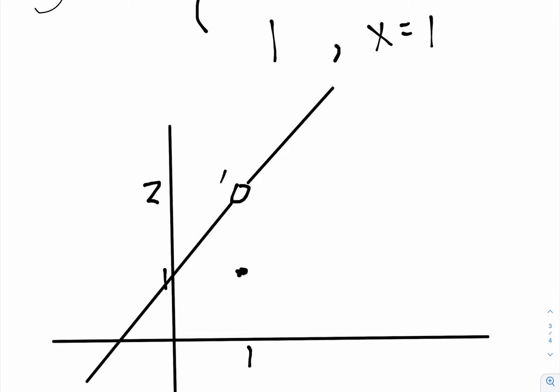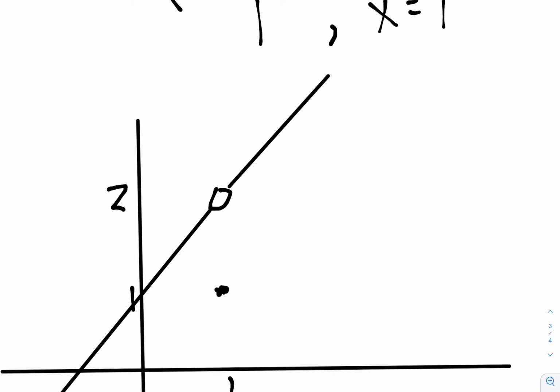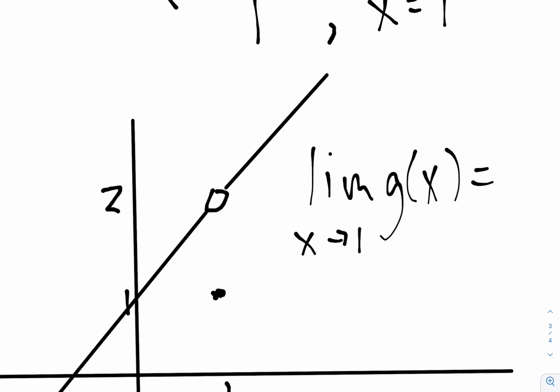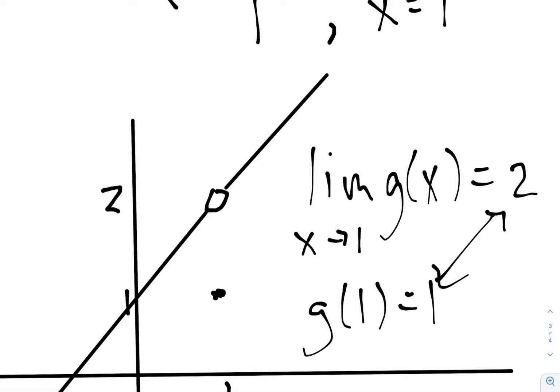And this is called a jump discontinuity. See how the limit of g of x as x approaches 1 is always going to equal 2, except g of 1 equals 1. See how these don't match?